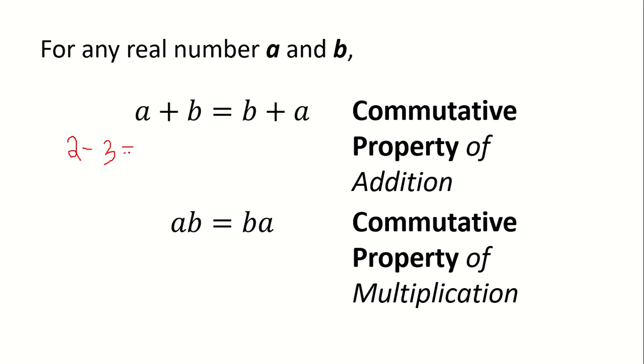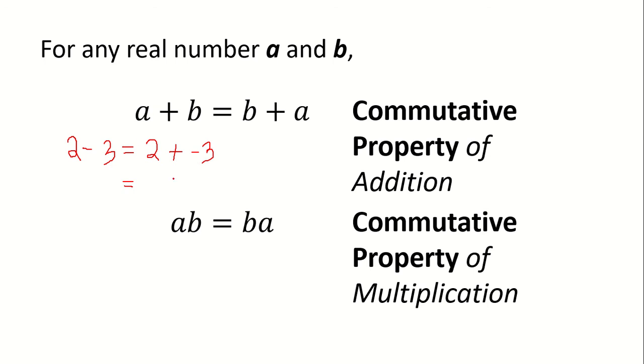Based on our lesson before, we copy the 2, then the subtraction becomes an addition, and then we get the opposite of positive 3, which is negative 3. Then follow the rules in adding integers with different signs. That means subtract the absolute values of the two numbers.